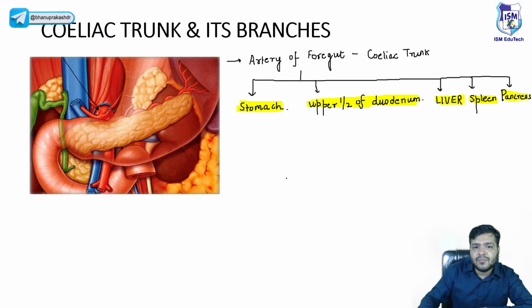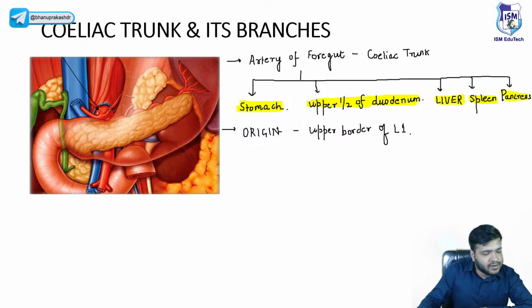So beta, one more point you need to remember: the origin of the celiac trunk is at the level of the upper border of L1. Yes, everyone is right, Sai Krishna, very good, it is the superior mesenteric artery.